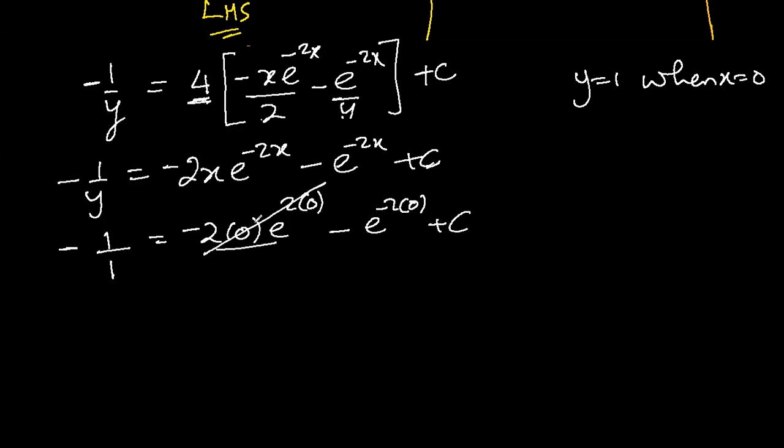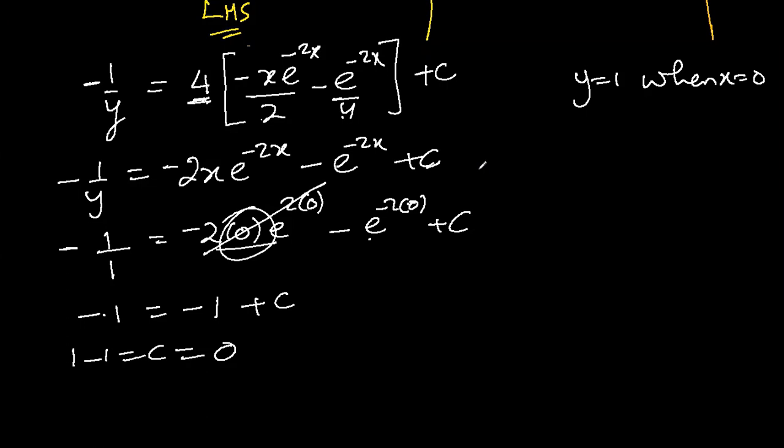This whole thing is 0 because of this 0. So we are left with minus 1 equal to minus, and e to the power 0 is also 1, minus 1 plus c. Alright, so this minus 1 goes here, becomes plus 1 minus 1 equal to c, and that is 0.